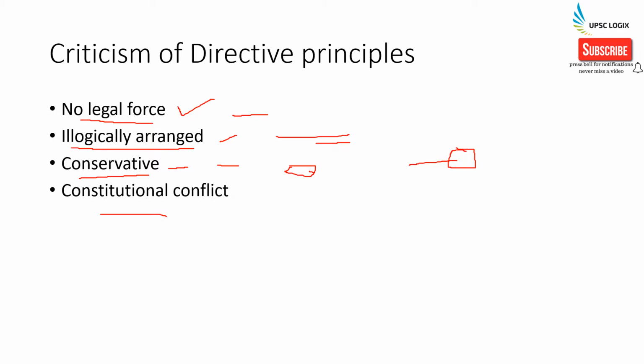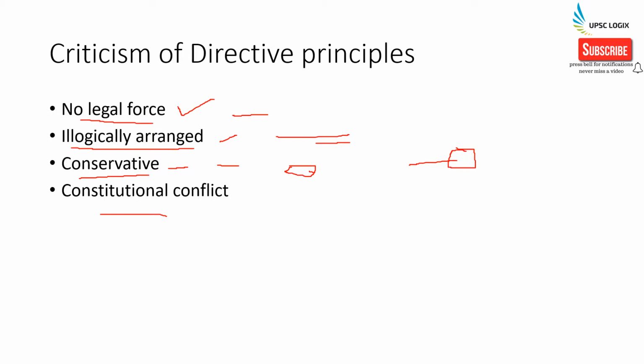Similarly, when the prime minister gets a bill which violates the directive principles passed by the parliament, the president may reject the bill on the grounds that these principles are fundamental to the governance of the country and hence the ministry has no right to ignore them. Thus, the same constitutional conflict may occur between the governor and chief minister at the state levels.